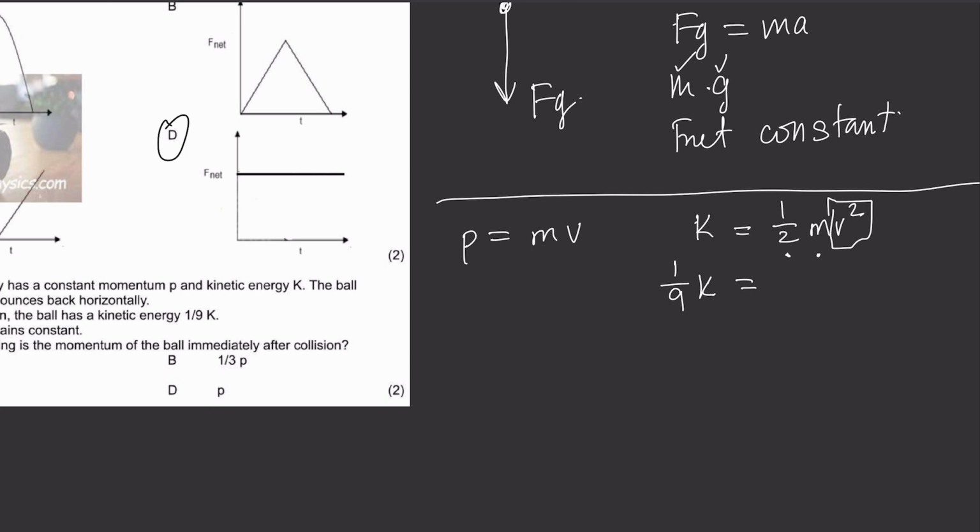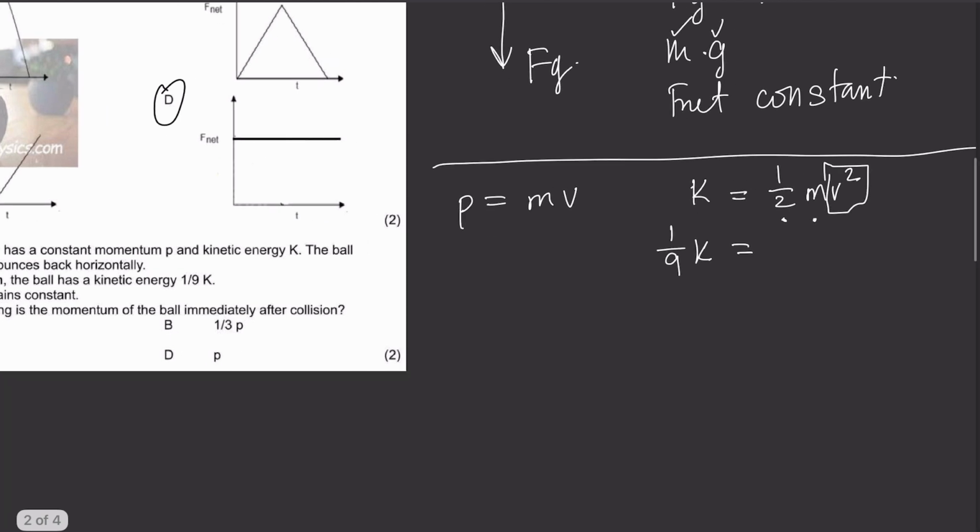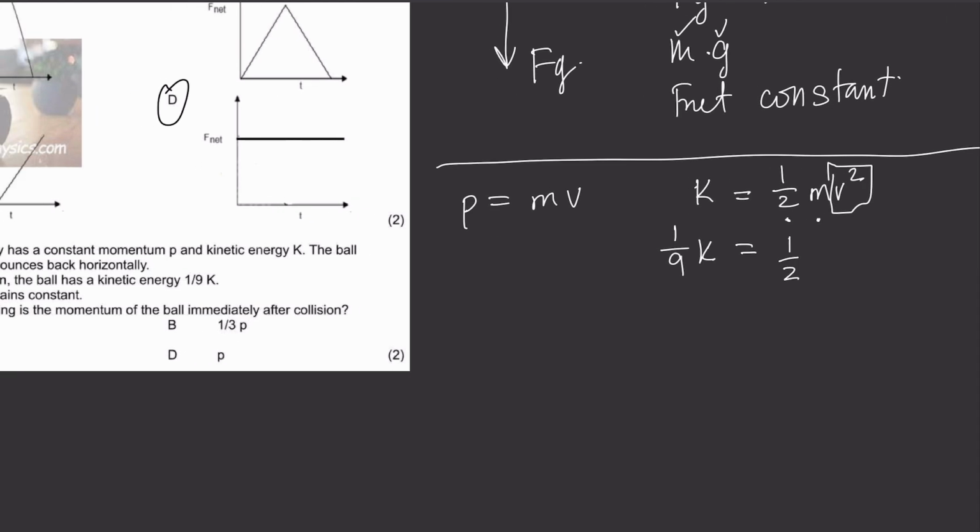Some change squared is 1/9. So basically we're going to be left with half m, and then something squared is 1/9. So 1/3 squared is 1/9. So this is the velocity upon rebound.